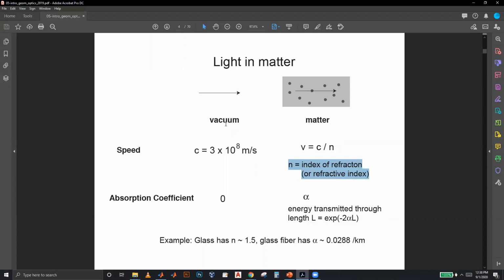That means light is not interacting with anything and it travels at the speed of light. Glass has a refractive index of 1.5 to 1.6. Certain other materials have even higher refractive indices, which means that inside those materials, the light is slowing down.